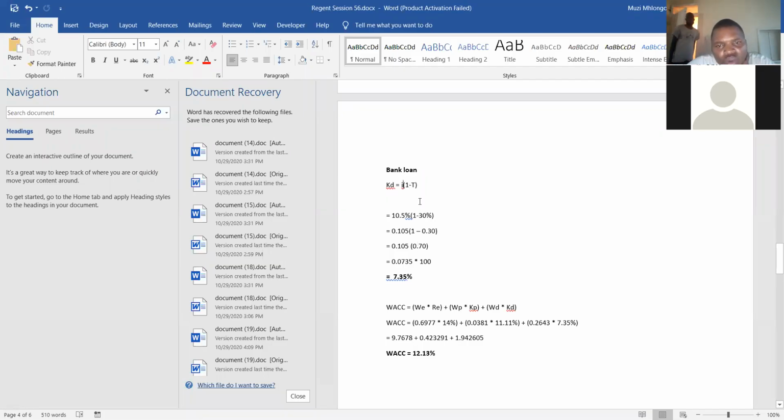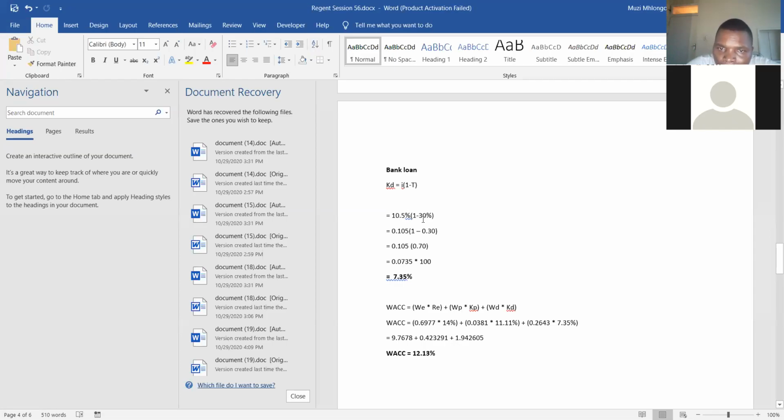You just need to know this formula. Cost of debt, which is Kd, is equal to interest, you open your bracket, 1 minus tax. In this case, our interest is 10.5. If you check your question paper, you can see that interest of 10.5.